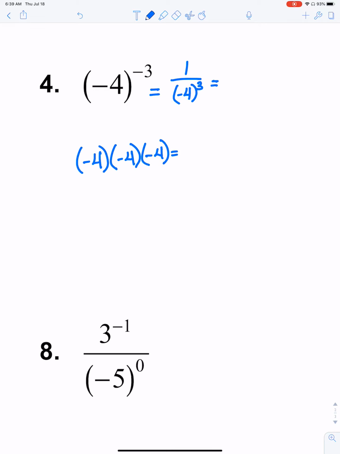It's going to be equal to negative 64 because of that third and last negative number. So this becomes 1 over negative 64. That negative in our answer has absolutely nothing to do with the negative exponent. All the negative exponent did was bring this down into the bottom.